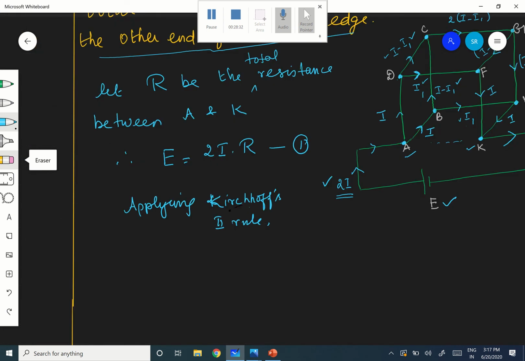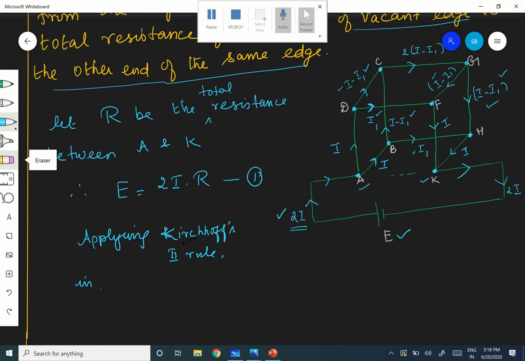In loop A, B, H, K, E, A. In this one, A, B, H, K, E, A, I am going to apply Kirchhoff's second rule. It is very clearly given.